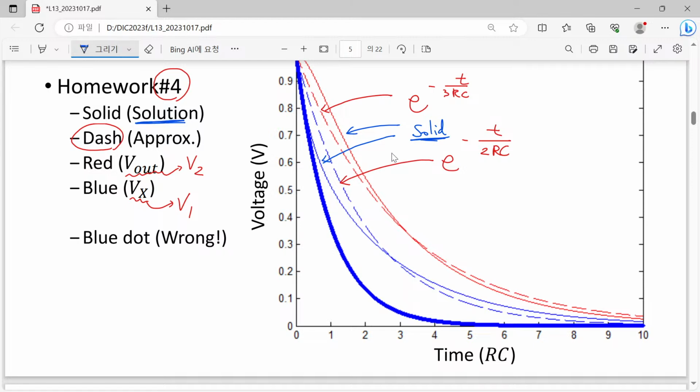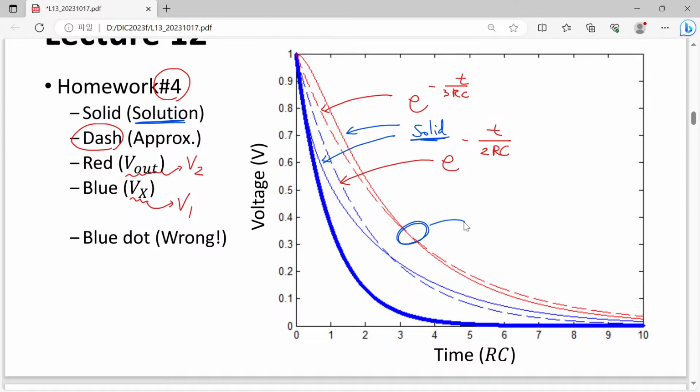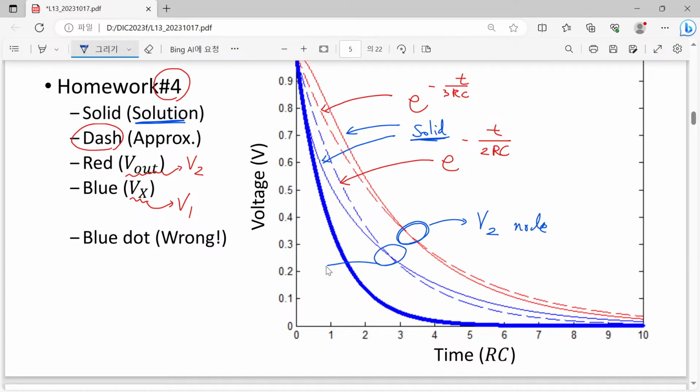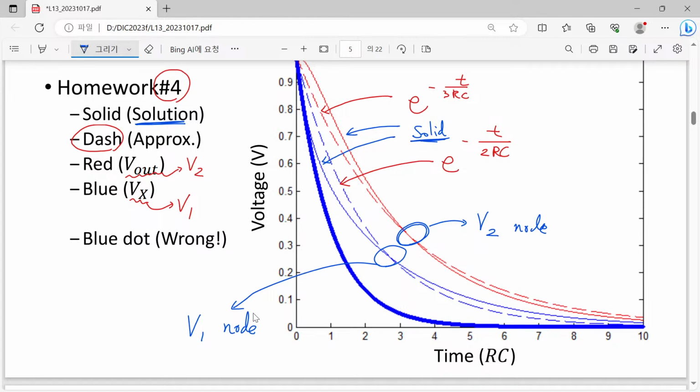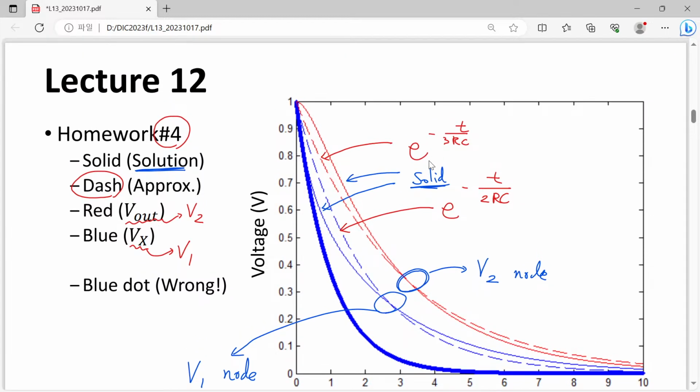So please make a comparison between these two things for your V2 node, and please make a comparison between these two things for your V1 node. So you can find that although it's not perfectly matched, clearly you can see that the two red curves are not identical. Also, the two blue curves are not identical.